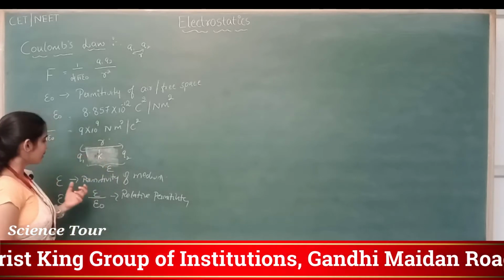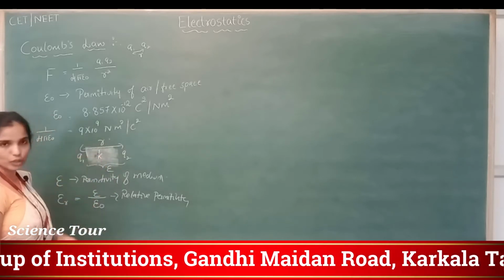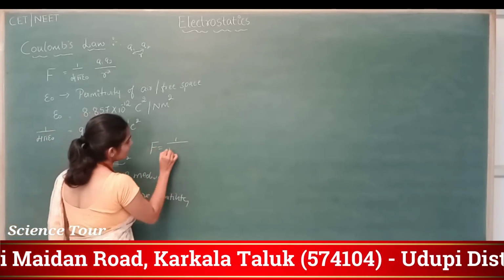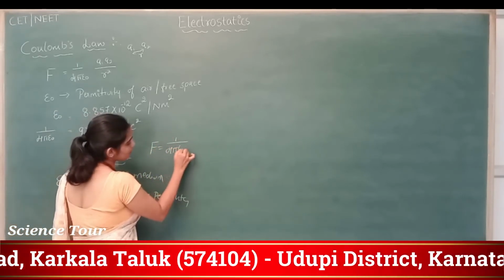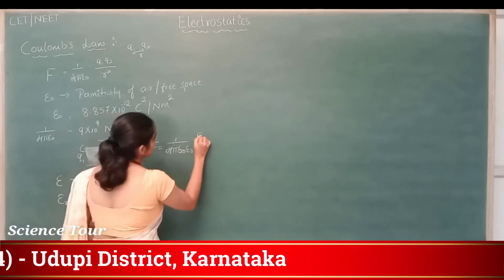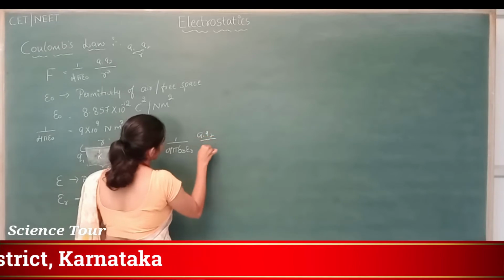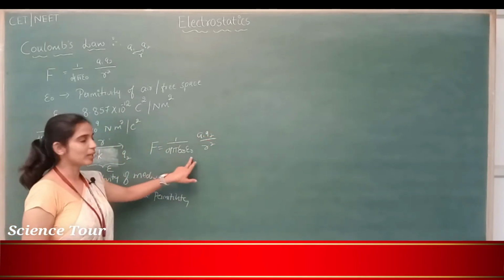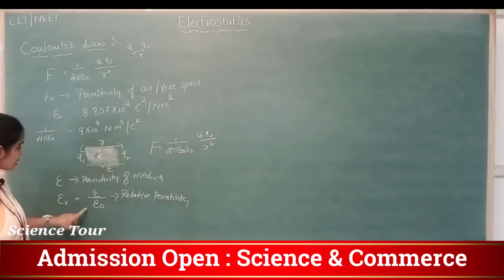Then the force between them will be 1 divided by 4 pi epsilon naught into epsilon r into q1 q2 divided by r square. What is epsilon r?